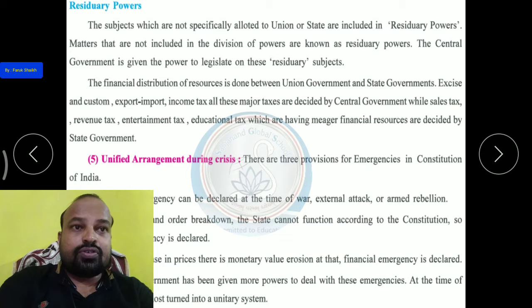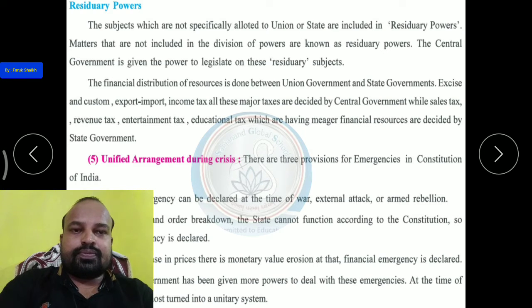The powers which are not given in the union list and the state list, those subjects and functions are given in the residuary power.